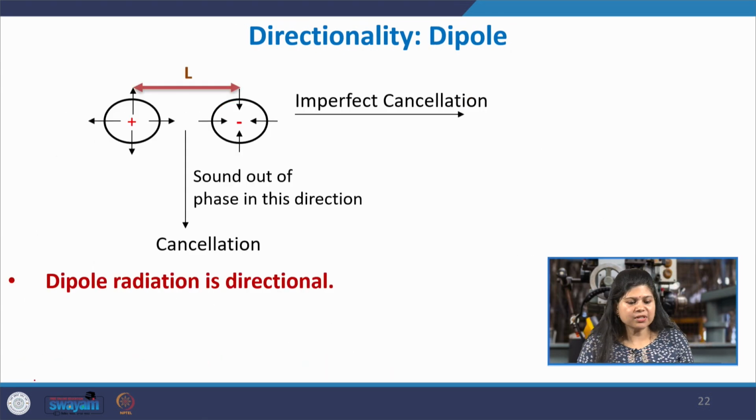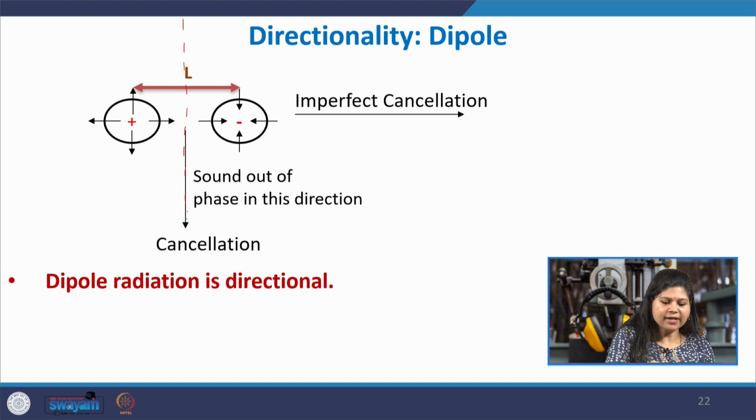Now, what happens in the case of a dipole is that along the line that is a perpendicular bisector to the dipole, perpendicular to the axis of the dipole and located exactly midway, whatever sound is being added due to one monopole, that same sound is being removed because of the other. So, they are antiphase to each other.